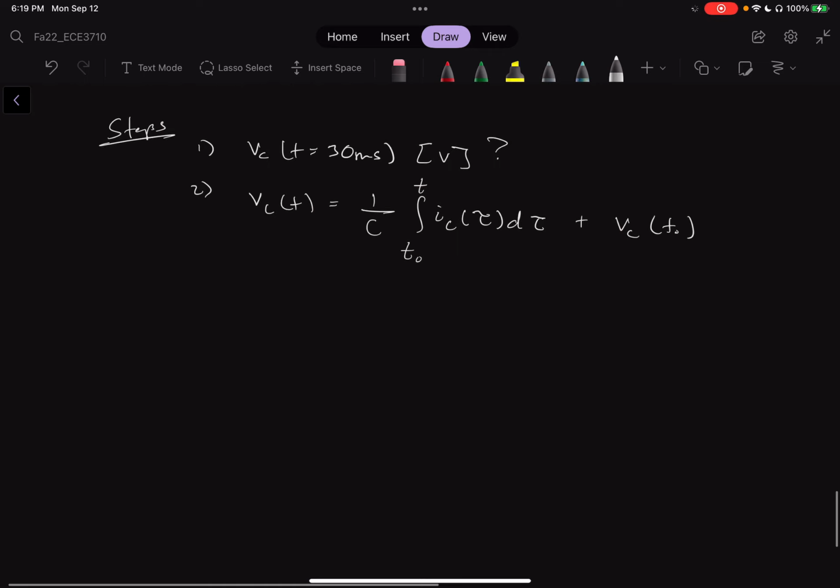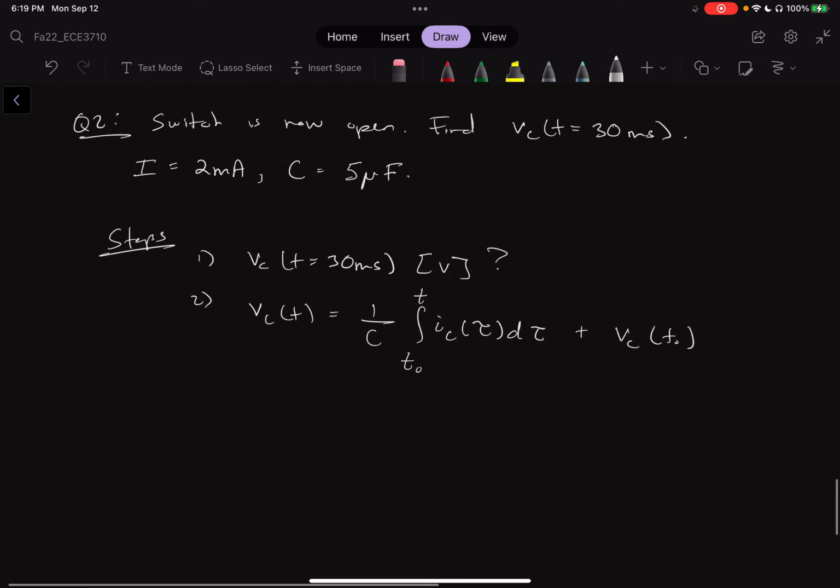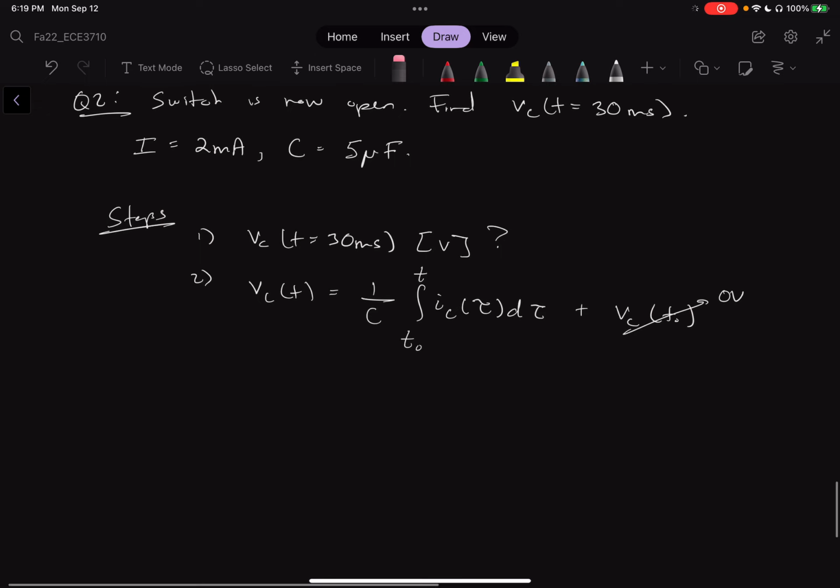Well, the initial voltage in this problem was 0. So this is just 0 volts. Now, VC of t is equal to 1 over C. Now, we can actually plug in values. C is 5 microfarads.